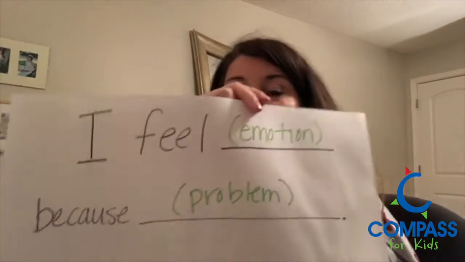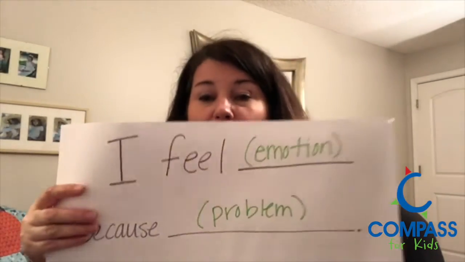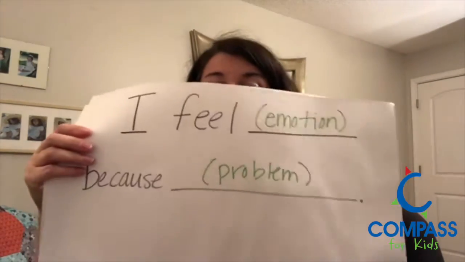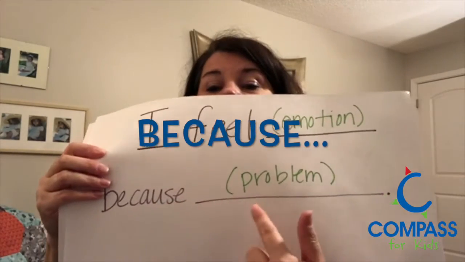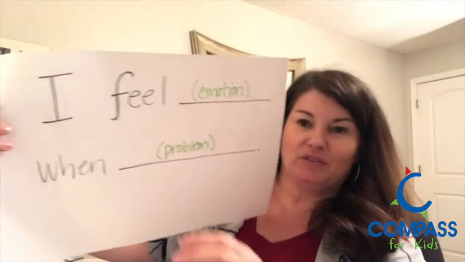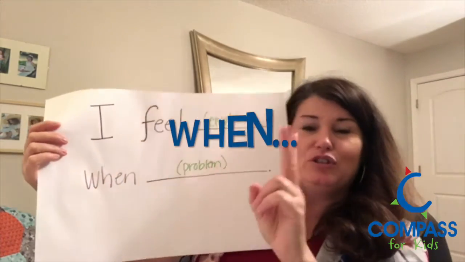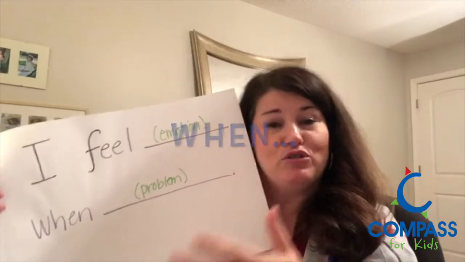So with that said, I've got some tools that we're going to use this week. Last week, remember, we talked about a bunch of different emotions. We're going to take those emotions and put them into problems. So we're going to use these two statements. I feel, and then we insert an emotion, and we say when or because and tell the problem.